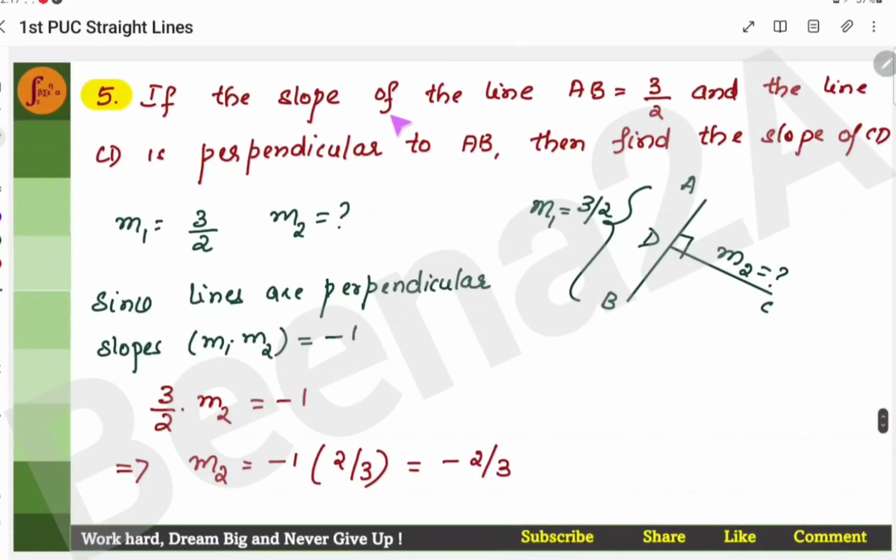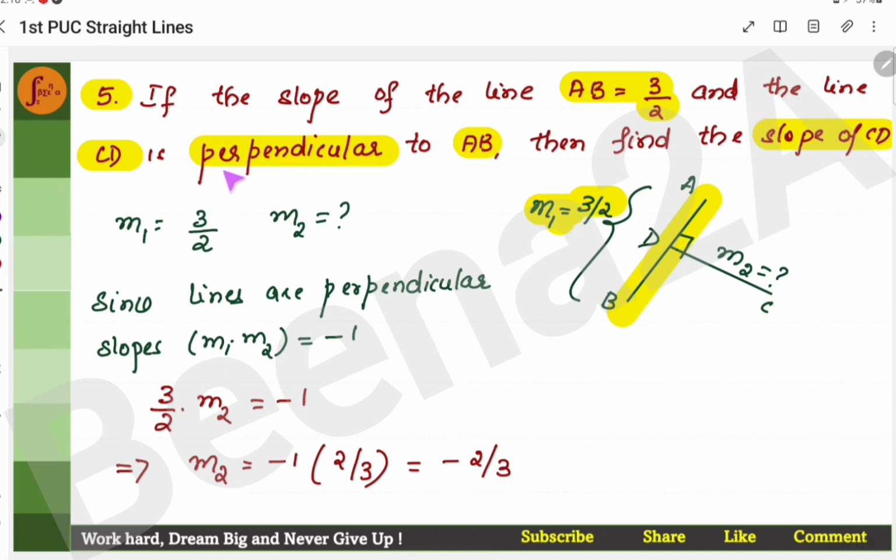Next one. If the slope of the line AB is 3 by 2 and the line CD is perpendicular to AB, then find the slope of CD. First, it's better if you draw this, because if you draw the lines, then it will be easy to visualize. So there is line AB. Draw a line AB. The slope of this line is given as 3 by 2. Let's assume the slope of AB is M1, which is 3 by 2.